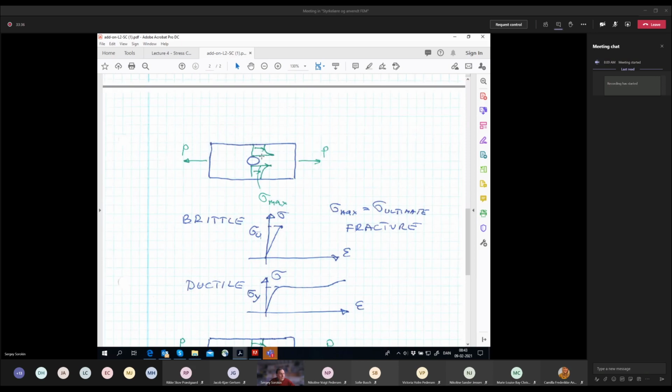Then you see what happens. You have attained here this ultimate stress. Then you have a crack here, and this crack, as I told you, gives you the infinitely large stress concentration coefficient.